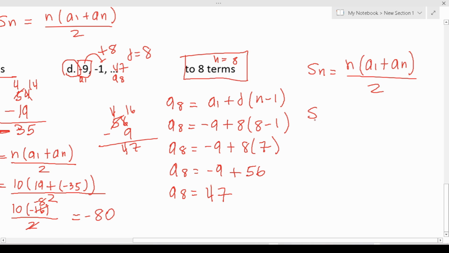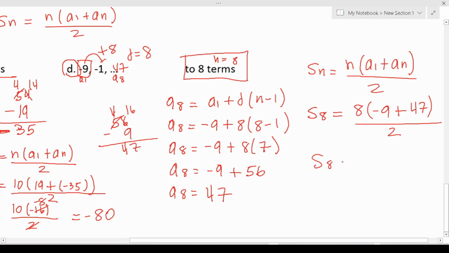Again, this is going to be the summation of the first 8 terms in this sequence or series. N is 8, of course. First term is negative 9. The final term is 47. That's all over 2. Oh, S sub 8. Yeah, that makes a lot of sense there.